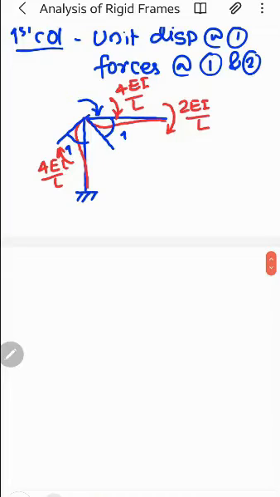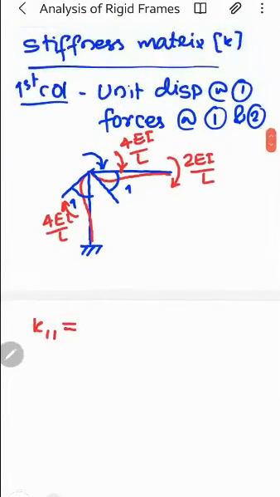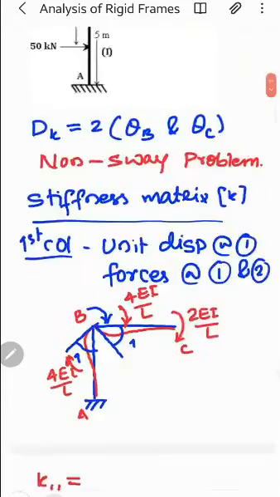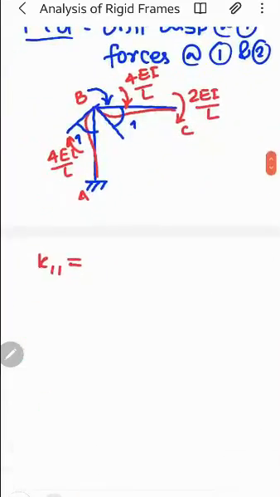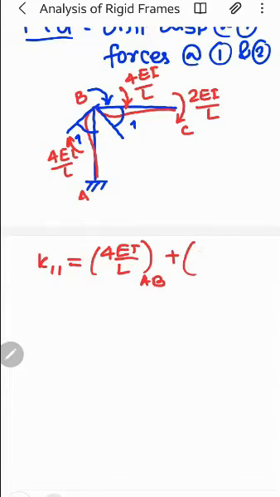Now what is K11? This is A, this is B, this is C. The coordinate 1 is at B. So at B you have two forces, 4EI by L for member AB and 4EI by L for member BC.